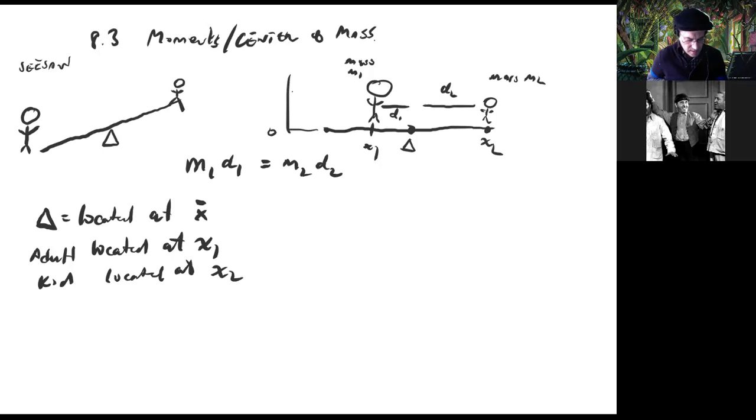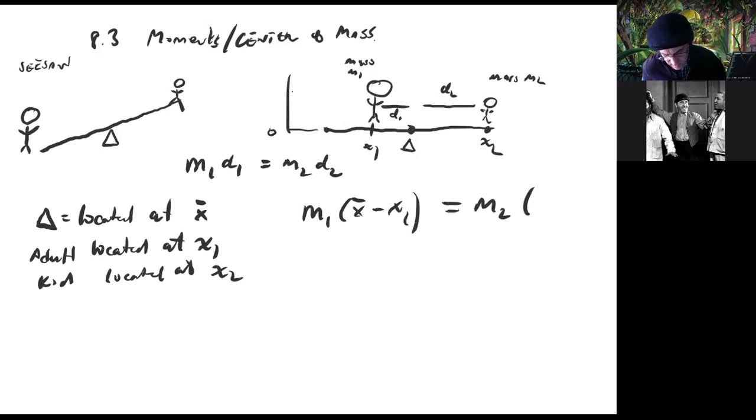So what does the equation tell us, m1 times d1? Then d1 is x bar minus x1. That's the distance between the two points. And d2 is x2 minus x bar, right?